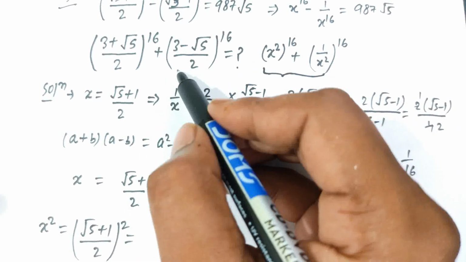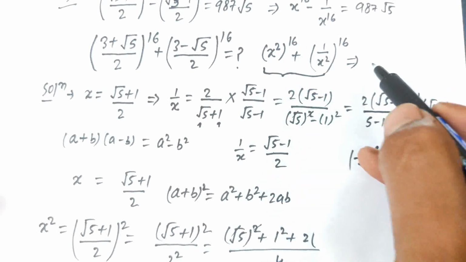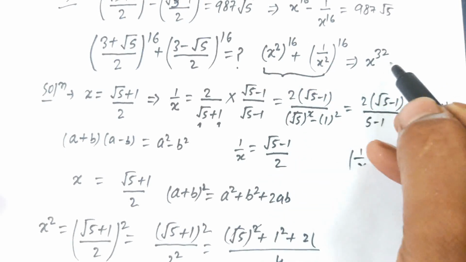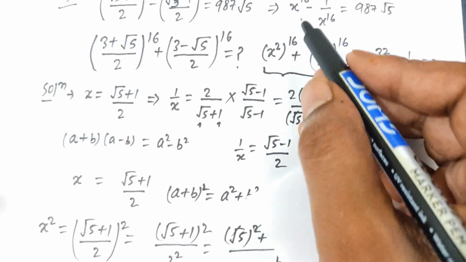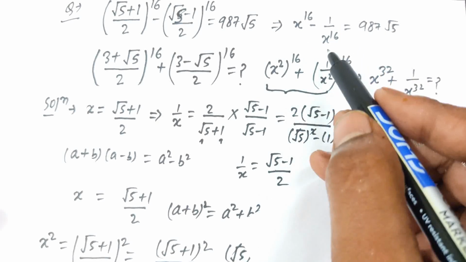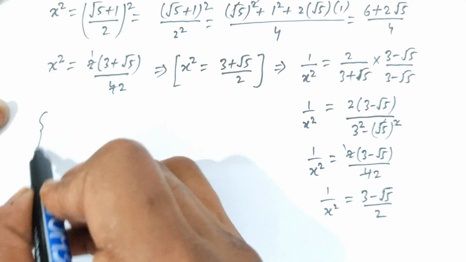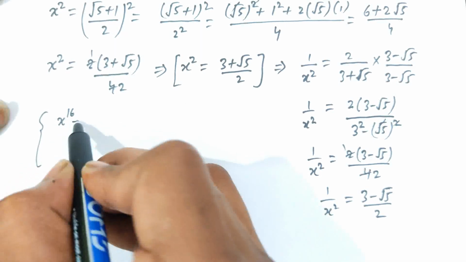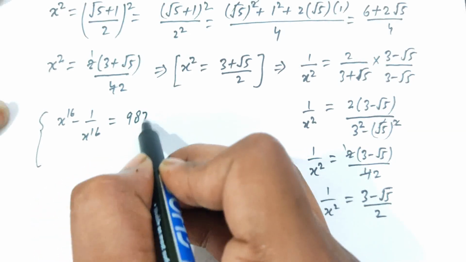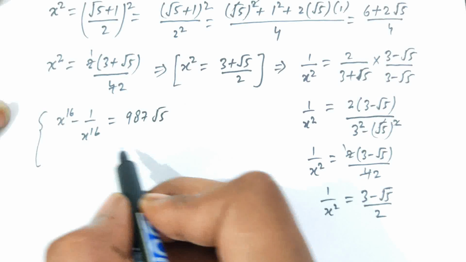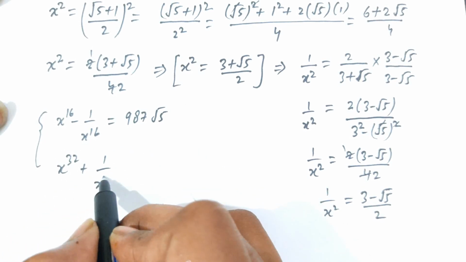Multiplying 2 by 16, we get x power 32 plus 1 by x power 32. So students, x power 16 minus 1 by x power 16 is equal to 987 times square root of 5. Then you will find the value of x power 32 plus 1 by x power 32.